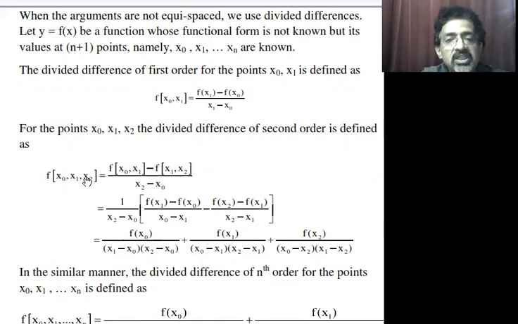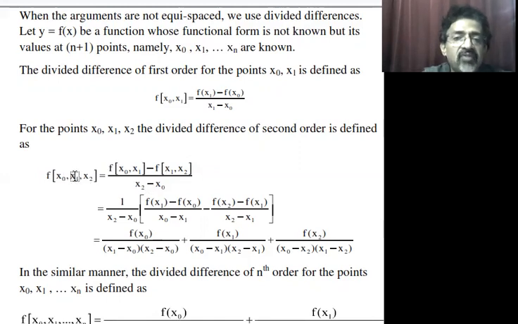That is, I'm considering the first three tabulated points x naught, x1, x2. So it is f of x naught, x1 minus f of x1, x2 divided by x2 minus x naught. That is, the difference of the first order divided differences divided by x2 minus x naught, the last argument minus the first argument.